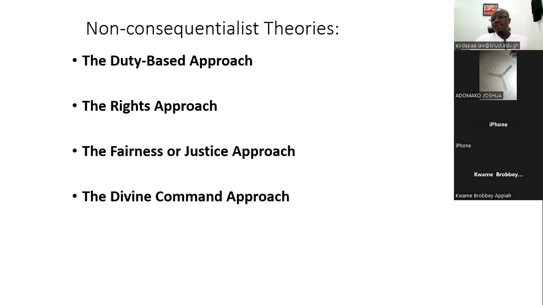And that is why some will say, okay, well, the outcome means that it's going to advance my self-interest. That is the egoistic approach. Or is it going to advance the good of the entire society? And so on. Now, we have non-consequentialists, where the emphasis is not about the outcome, but some other consideration.